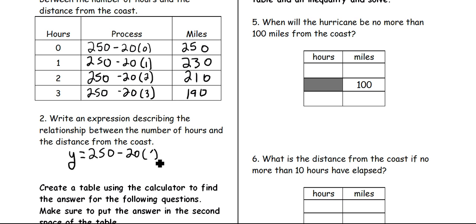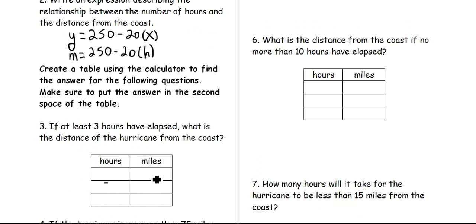The thing that changes is variable, that's what it means, is our x. Now if we wanted to rewrite this, instead of y, we could put m for miles, that's our total, equals 250 minus 20, and then our variable is the hours, so I can put h. Either of these would be good.